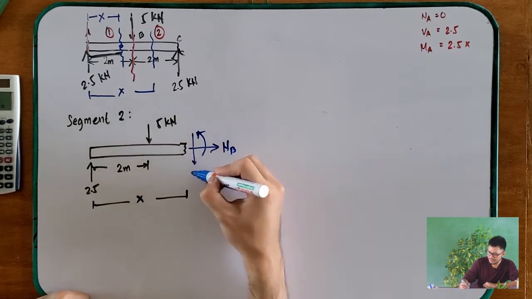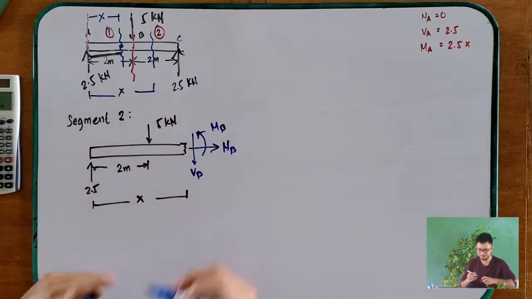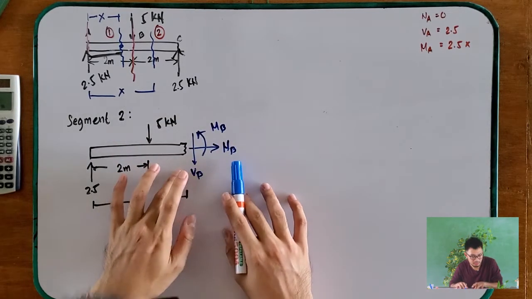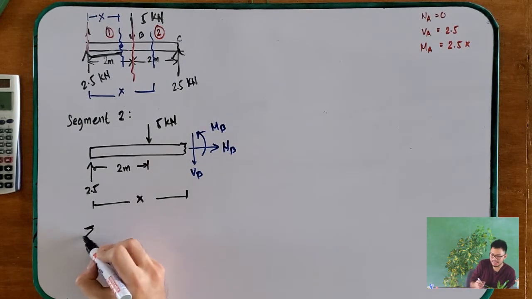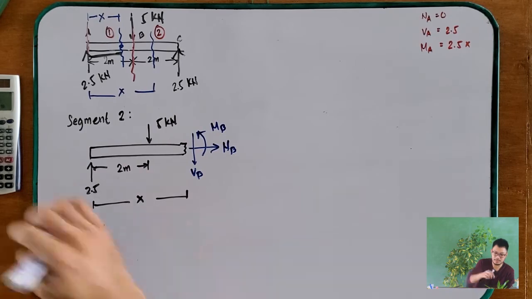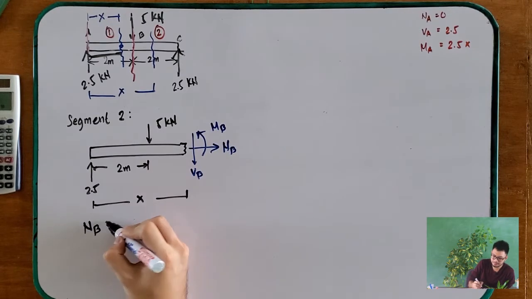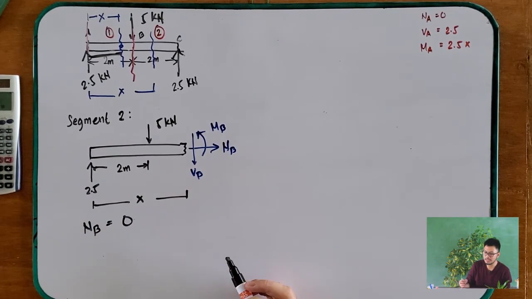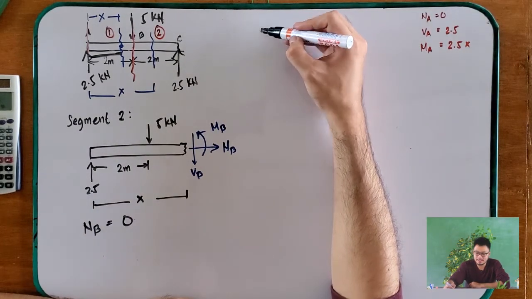NB, VB, and MB. And again, we have to solve for these. Okay? So, summation of forces along x. Again, we all know that when we sum the forces along x, your NB will be 0. How about for your VB?